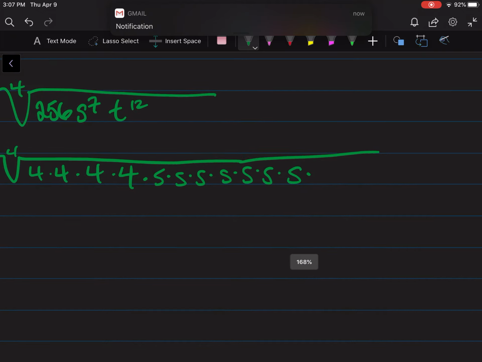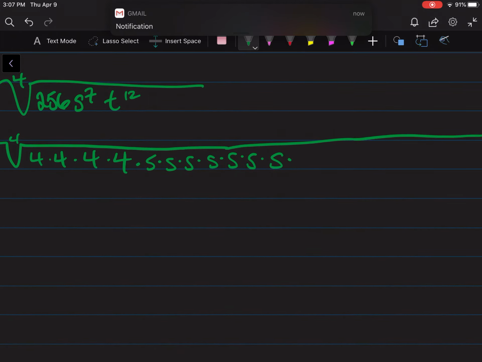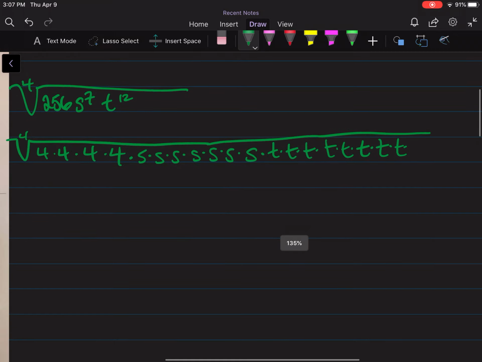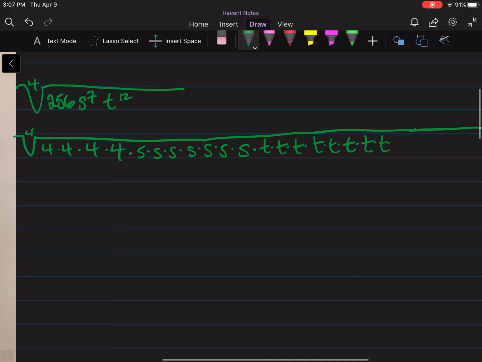And we have 12 T's. So we have 1, 2, 3, 4, 5, 6, 7, 8, 9, 10, 11, 12. I think I got them all.